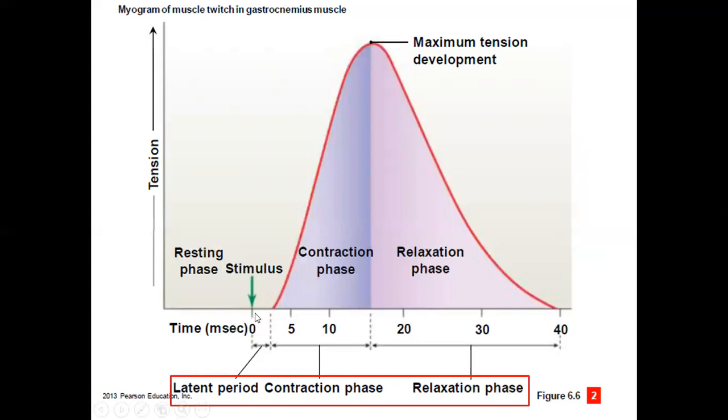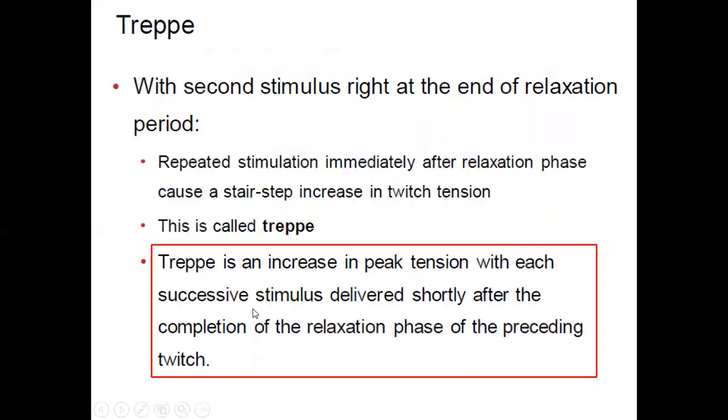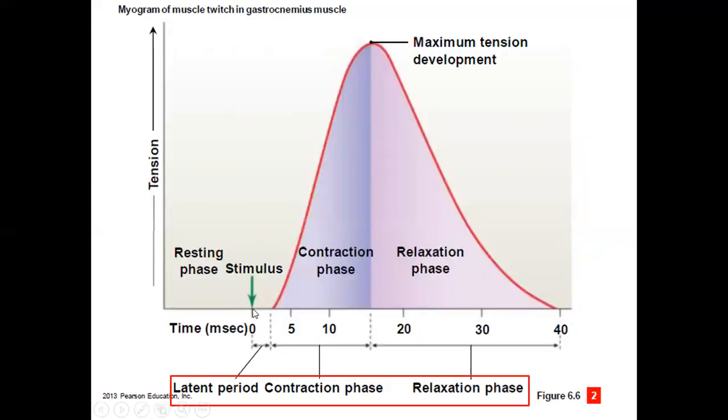So these 2 milliseconds from here to here is the time it takes for that action potential, the electrical signal, to move from the neuromuscular junction into the T tubules and stimulate calcium release from the sarcoplasmic reticulum, which then begins contraction all the way up to maximum tension production, and then relaxation. And again, this time frame can change depending on the muscle.